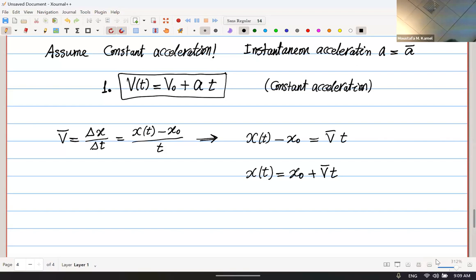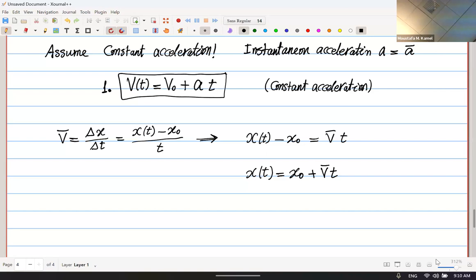Now, we don't want it to be expressed in terms of average velocity. We want it to be expressed in terms of acceleration, because the parameters we have in the kinematic equation are position, velocity, time, and acceleration. And since acceleration is constant, this will be given to us in any problem, or we will calculate it.